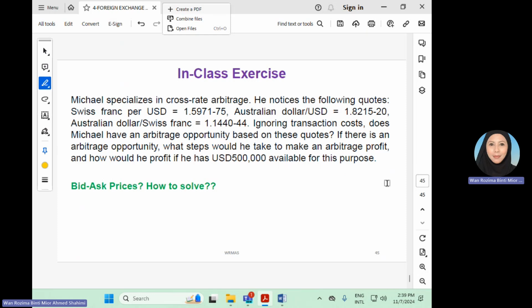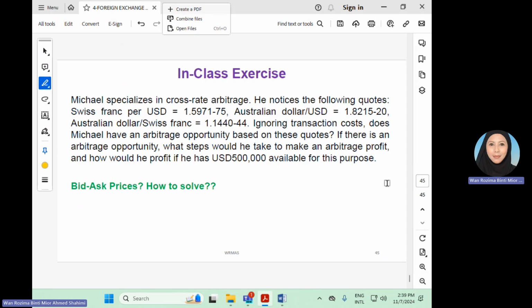Ignoring transaction costs, does Michael have an arbitrage opportunity based on these quotes? If there is an arbitrage opportunity, what steps would he take to make an arbitrage profit, and how much? If he has 500,000 USD available for this purpose.